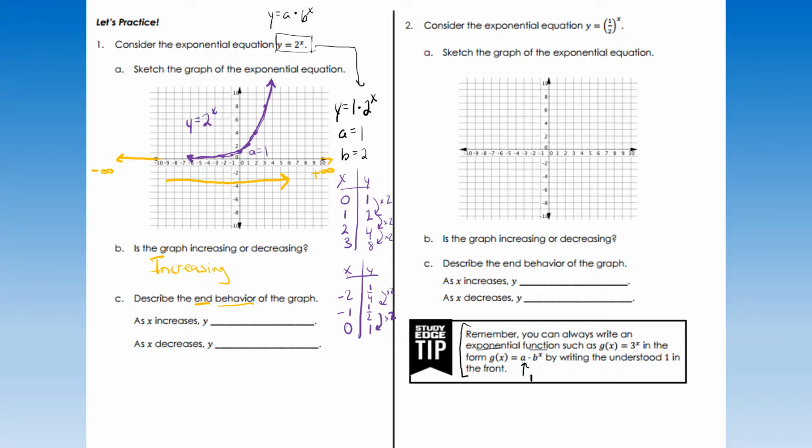Well, as x increases, so as x moves towards positive infinity, as x keeps getting larger and larger, what's happening to the y value? Right? Well, in this graph, the y value is also increasing, right? The bigger that x gets, the bigger that y gets. So as x increases, y also increases. Okay? And if you look at this graph, as y is increasing, is there anything to stop y from continuing to increase?